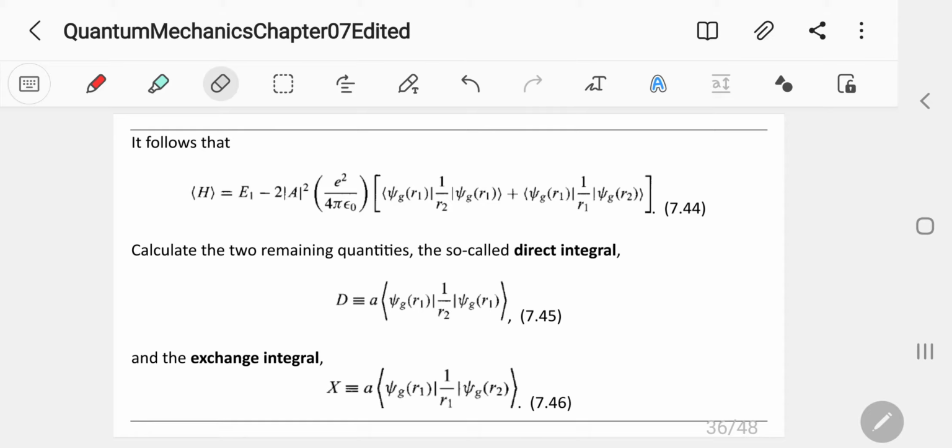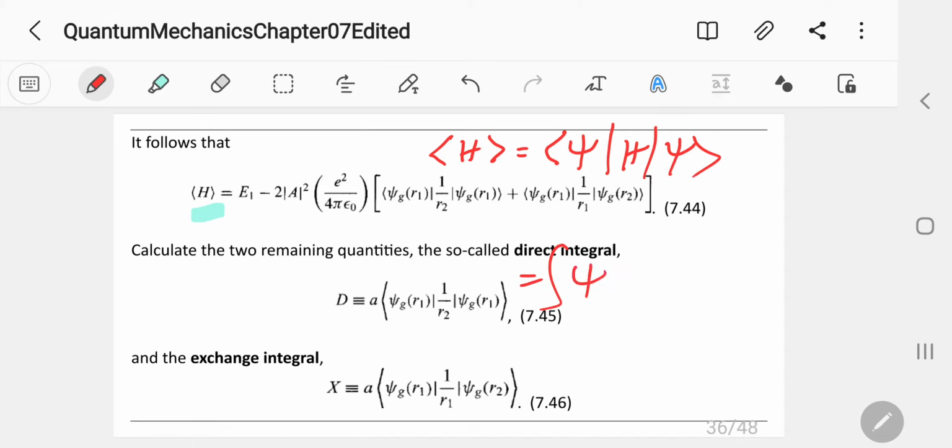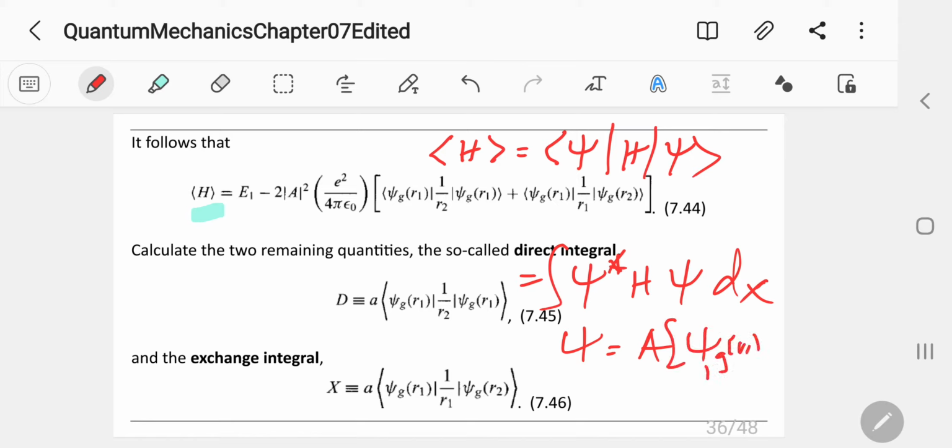So it follows that your expectation value of H would be this one here, because you have to remember that the expectation value of H is the integral of psi star H psi dx, and your psi is actually equal to a times psi g r1 plus psi g r2.